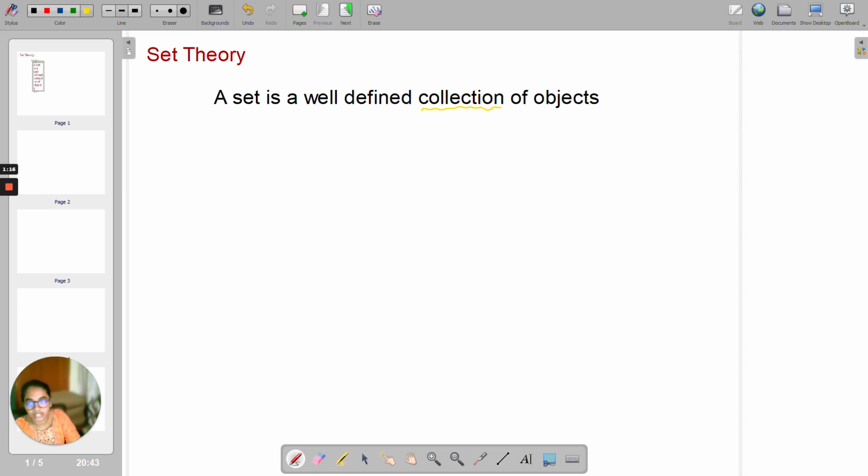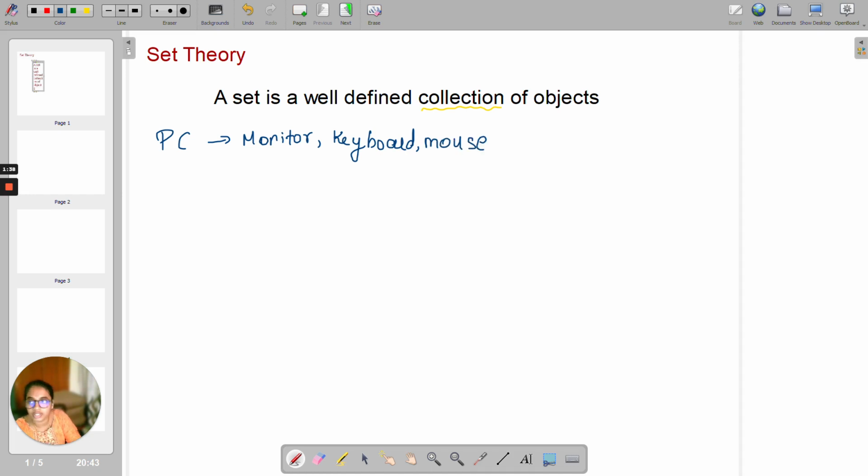Okay, so I can write PC. What are the elements of PC? I said monitor, keyboard, and then the mouse.